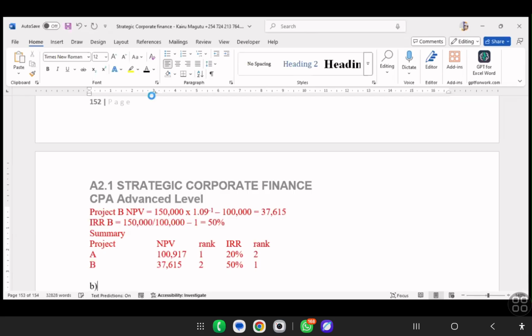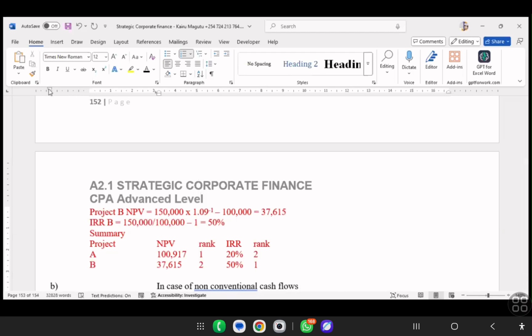B, we say that in case of non-conventional cash flows, when do we say that cash flows are conventional, and when do we say that the cash flows are non-conventional?